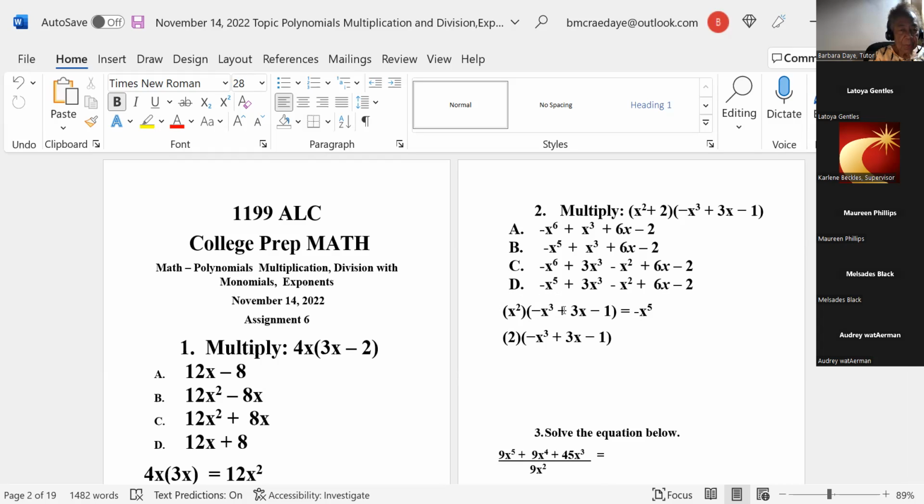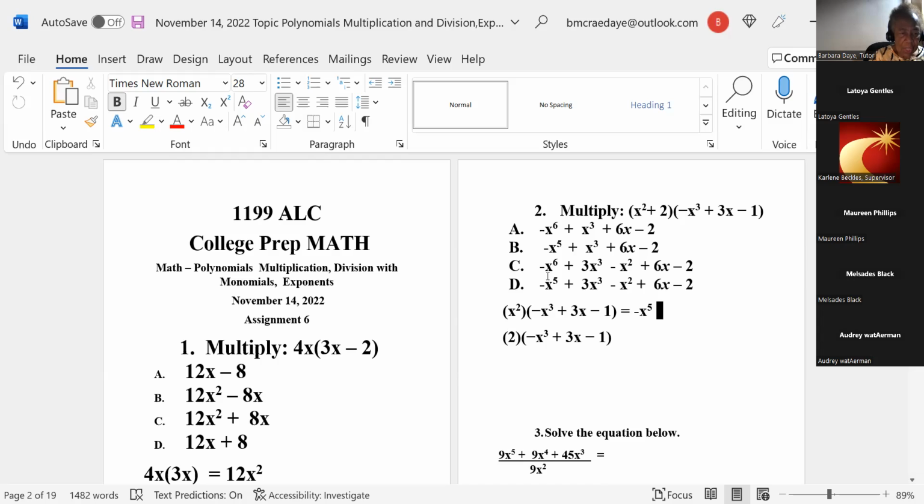I would say 2x to the second power. What did you say? 2x to the second power. What's 3 times 1? It's 3, but I thought you multiply coefficients and you add the powers.